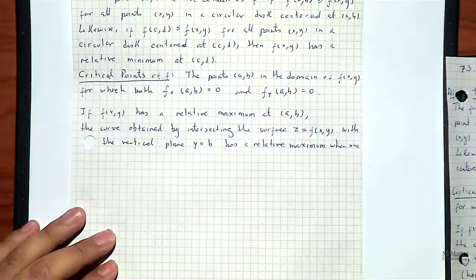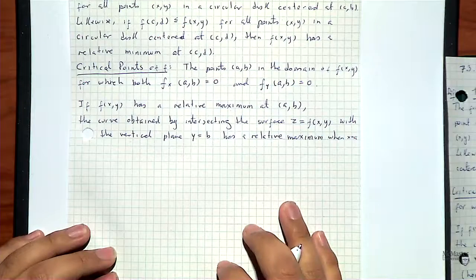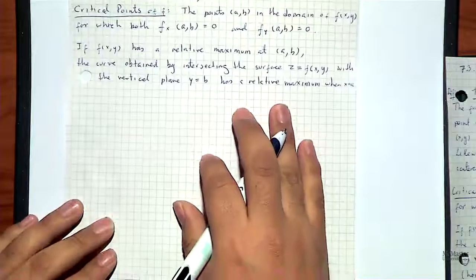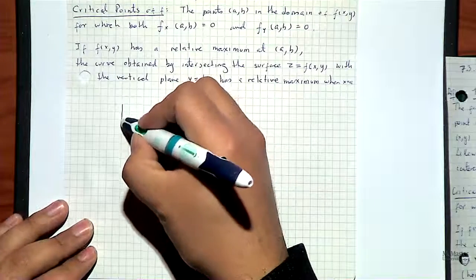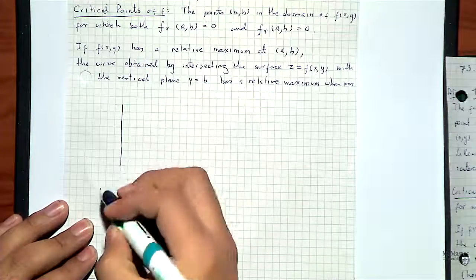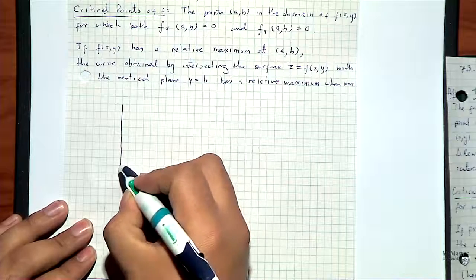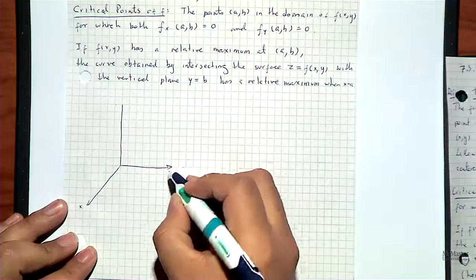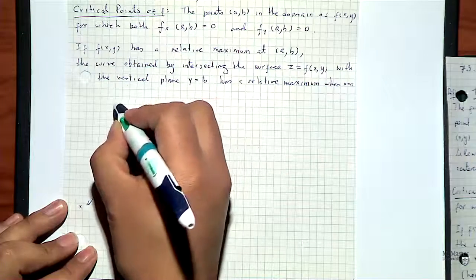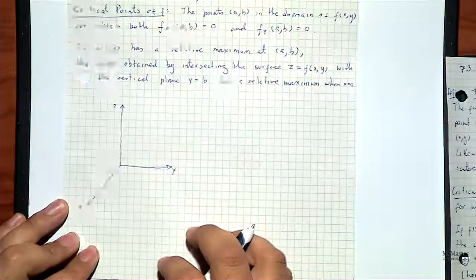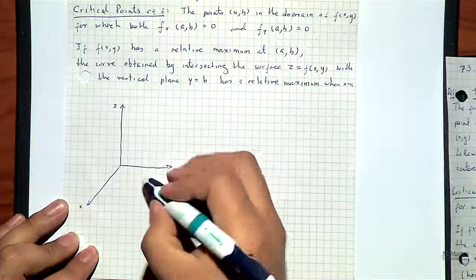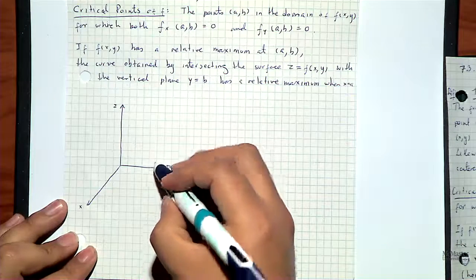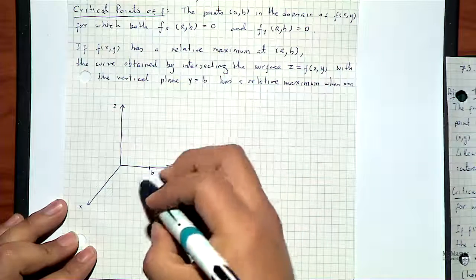So I think in this case it's helpful to do a figure which goes like this. So we have our space, x, y, z. You will do the intersection with a vertical plane, let's say y equal b.